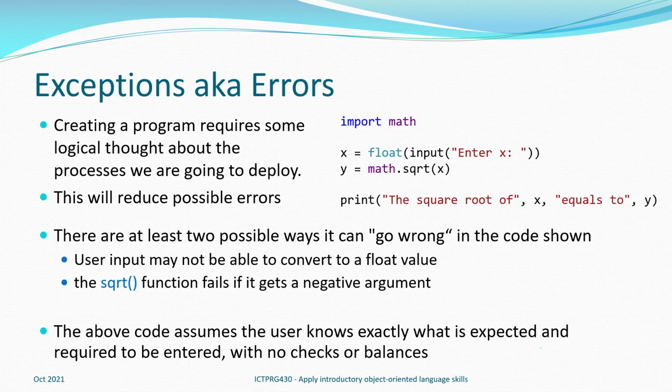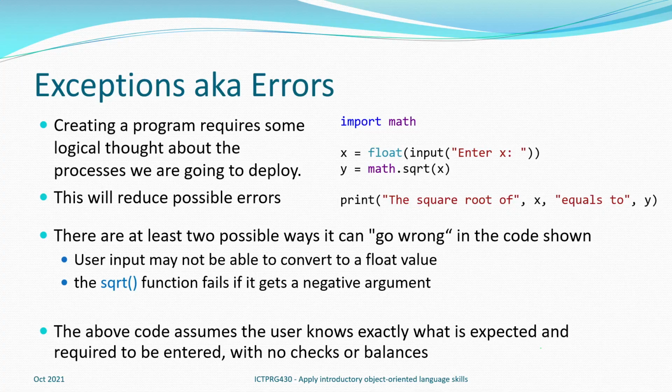So in this one we're going to talk about how exceptions occur and some of the reasons why they occur. Like in the example here, there is a fairly basic square root function and the problem is we don't actually give the user a sufficient prompt.